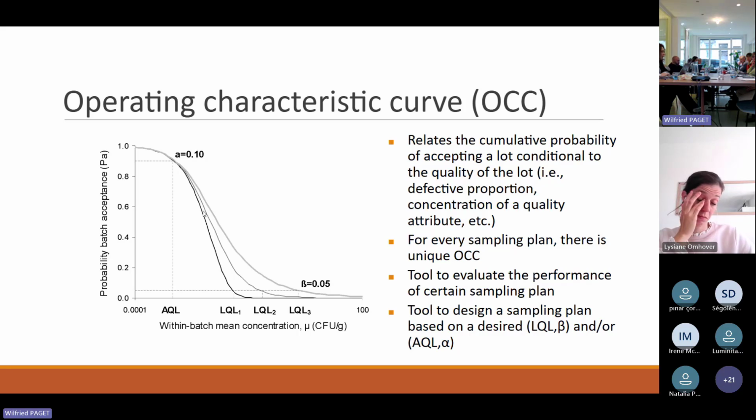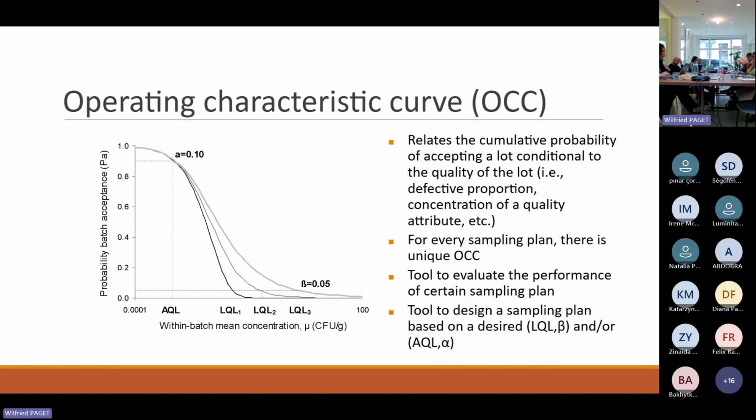One of the properties of the curve is how steep it is. The steeper the curve, the higher the capacity to discriminate between lots, so it performs better. For example, this line that is of light gray color has lower discriminant capacity than the sampling plan linked to the black line, and I will explain later why.